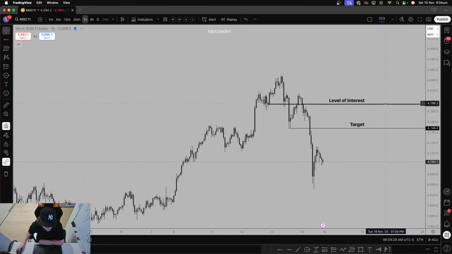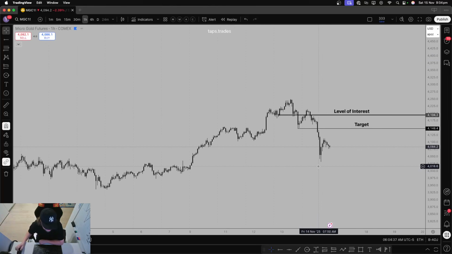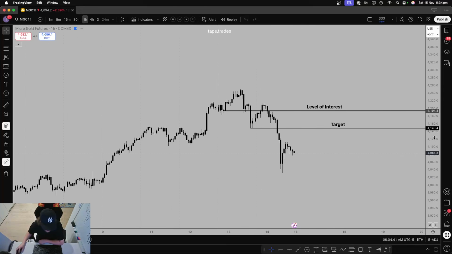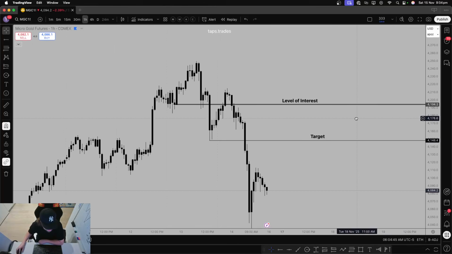Now I think a lot of people thought that maybe gold might continue up to break the all-time highs, but it's not about what you think, it's what you see. What's really important here is we're just following structure and we're following price. And then if there's an opportunity based on the ICC, the system, then we look to take trades accordingly.